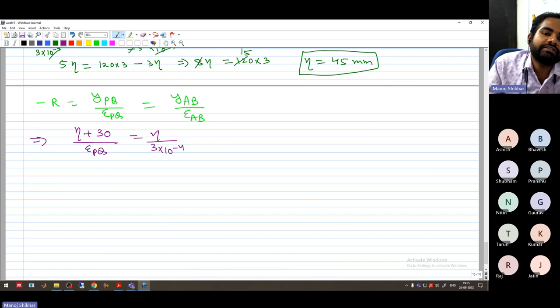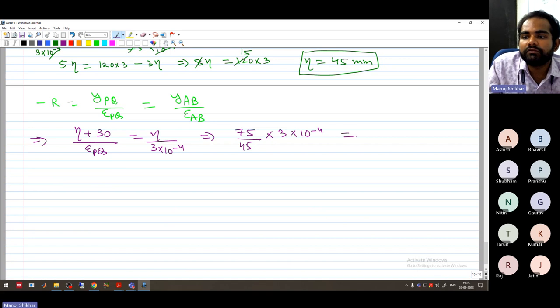We know the value of eta is 45. So 75 upon 45 into 3 into 10 power minus 4 equal to epsilon PQ. So this is also equal to epsilon top.